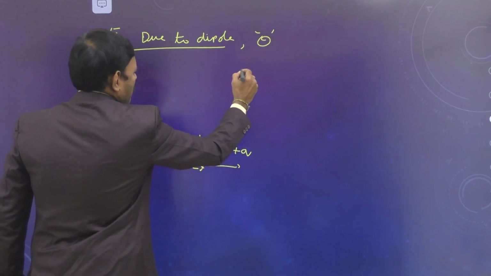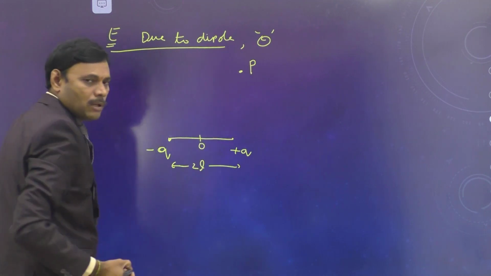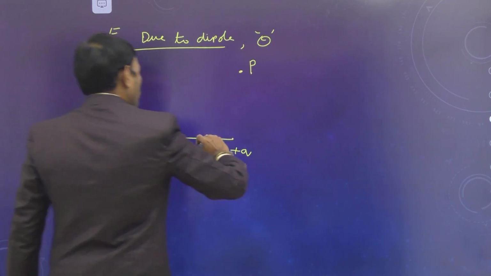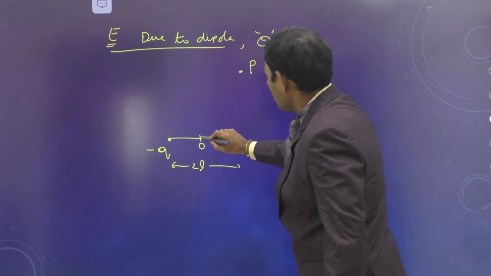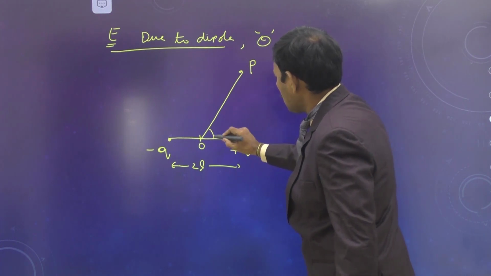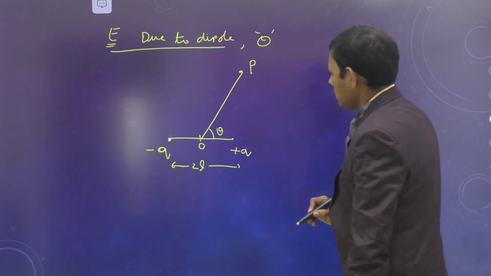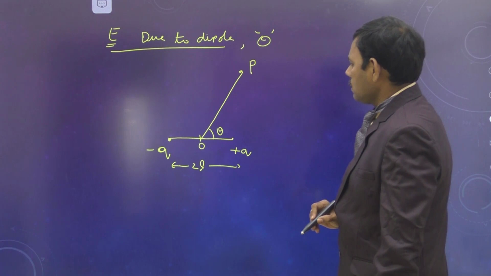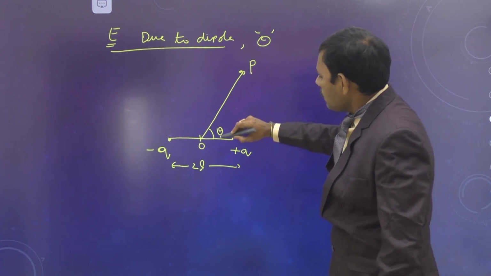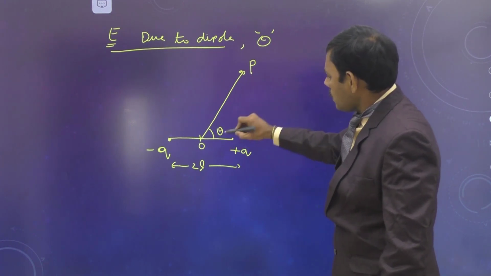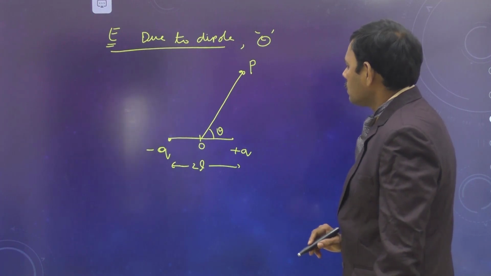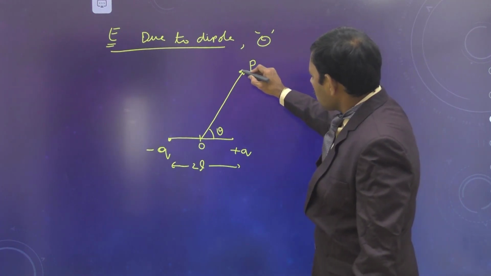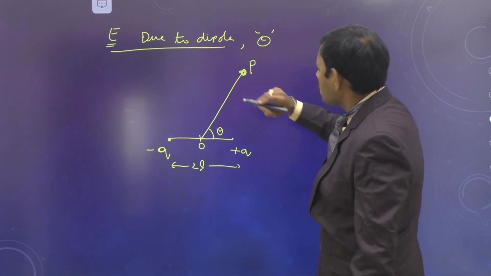Let P be any arbitrary point in the space around the dipole. The line joining O and P makes theta angle here. For this arbitrary point P, we find the electric field due to the dipole at this point.